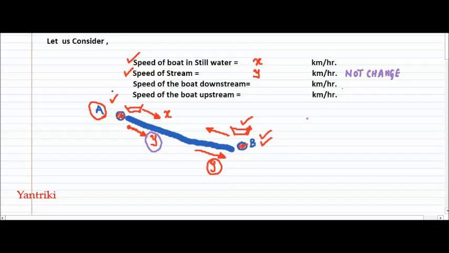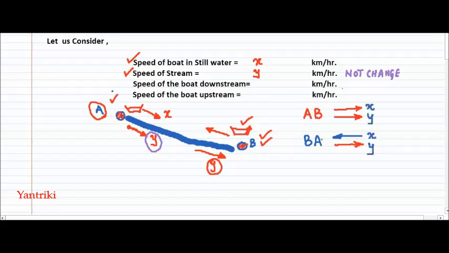Now what we understood is that when the person wants to go from point A to B, at that time the boat direction is this, and the direction of the stream is also this. But when he wants to move in the opposite direction, that is from point B to point A, the direction of the boat will be this, but the direction of the stream will not change and will remain in the same direction.